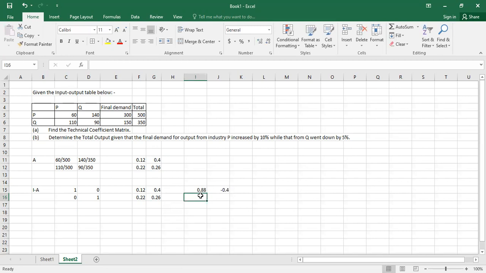The third one, negative 0.22. And the last one, 0.74, right? So that is my identity matrix minus A. And we now get the determinant from that.